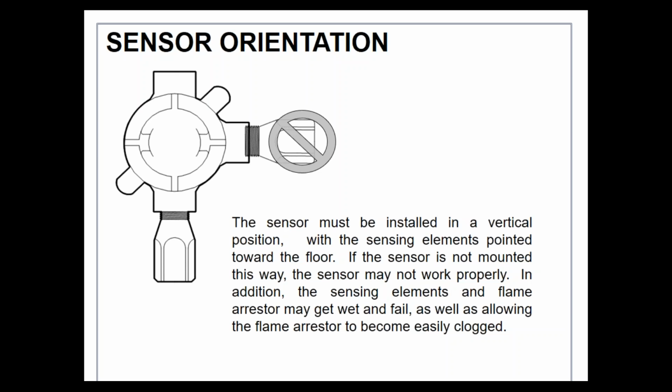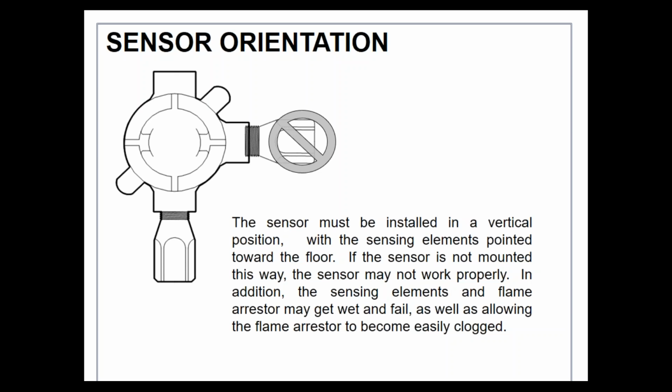Physically, there are reasons why that works, because on a catalytic bead, orientation is very important. If you put the reference bead higher than the active bead, you get heat convection, which is going to change the values of those two beads. And remember, it's in a Wheatstone bridge, and if you change those values other than with gas, you're going to get some erroneous readings. So pointing down is the best position.